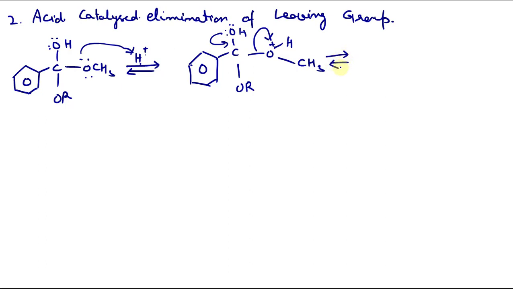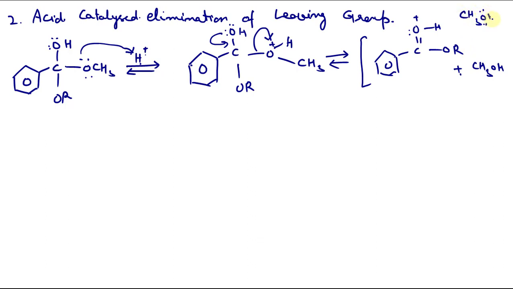So what we will be getting is C double bond OH positive, OR, and along with this we have CH3OH. Now next is elimination of proton from here.